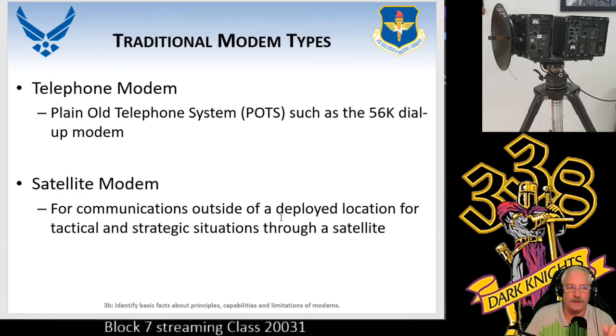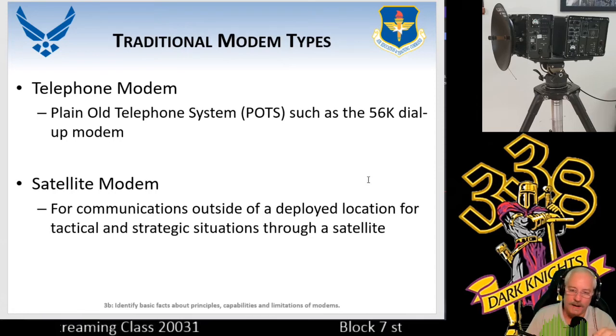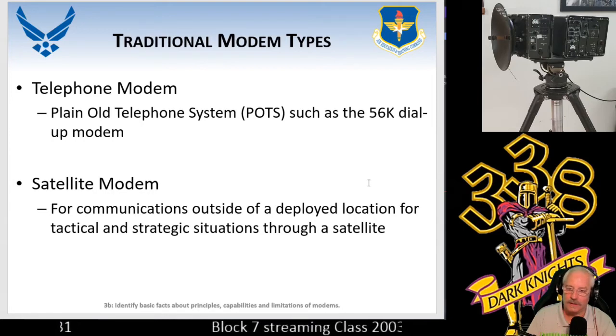Next up, we talk about traditional modem types. You've got telephone modem and satellite modem. Telephone modem, remember the old 56K? Well, there you go. Satellite modem: we have one, and I'm hoping that when you walked into room 116 to work on the NSM, you looked off to the left and saw the iDirect.